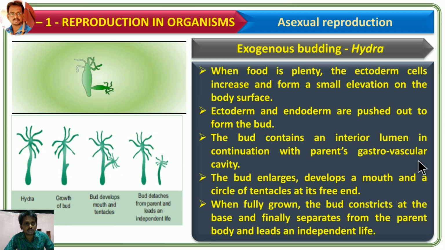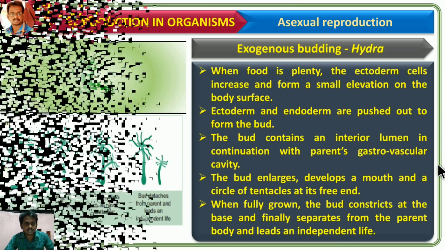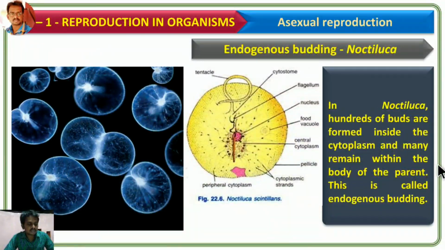Next we move on to endogenous budding. This endogenous budding is seen in some dinoflagellates like Noctiluca. This is Noctiluca, an example of a dinoflagellate. In Noctiluca, hundreds of buds are formed inside the cytoplasm. This is the cytoplasm.